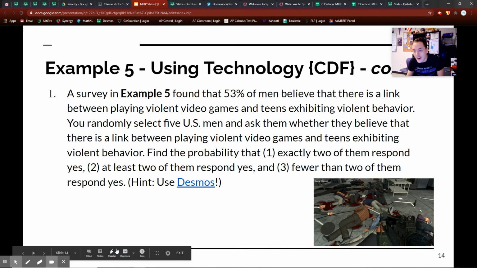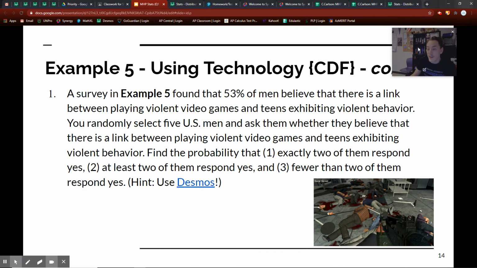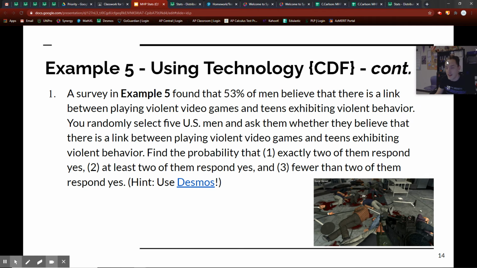So this is another violent video game. Of course, this is Call of Duty. If you don't know that, then I'm sorry, but this is Call of Duty. So example 5, surveying found that 53% of men believe that there is a link between playing violent video games and teens exhibiting violent behavior.